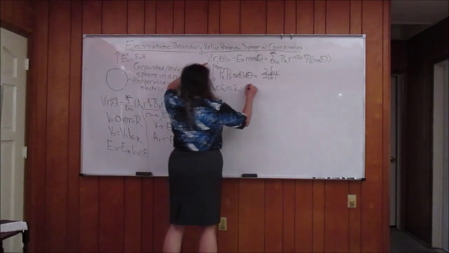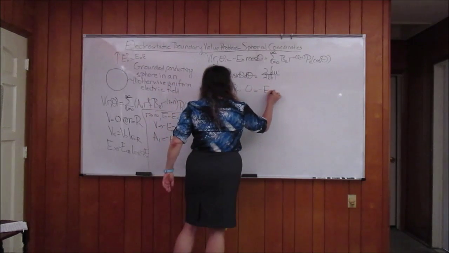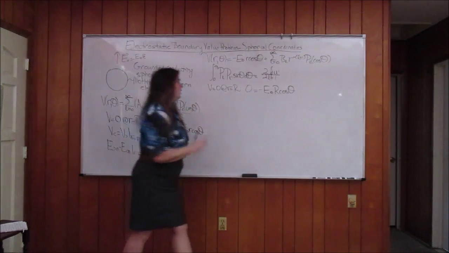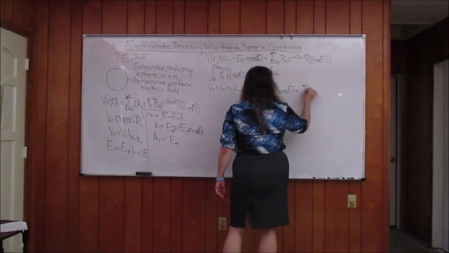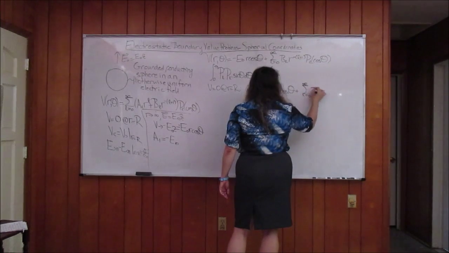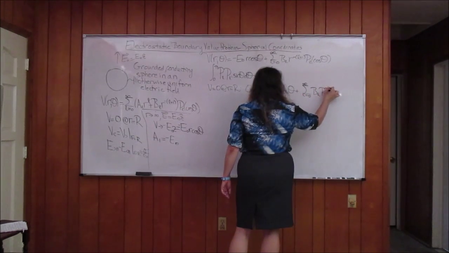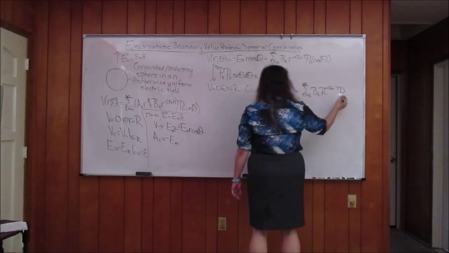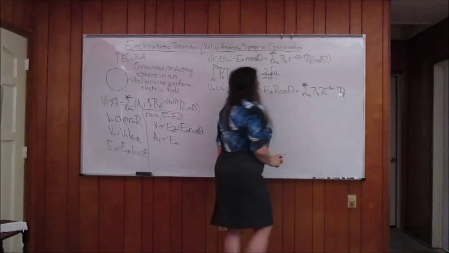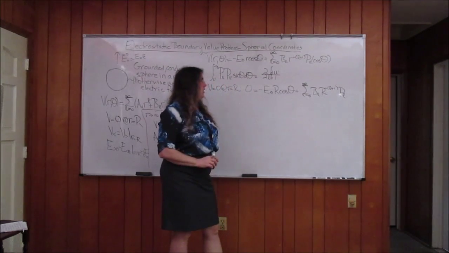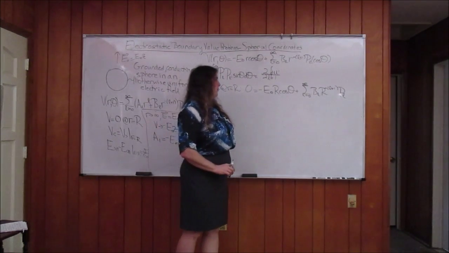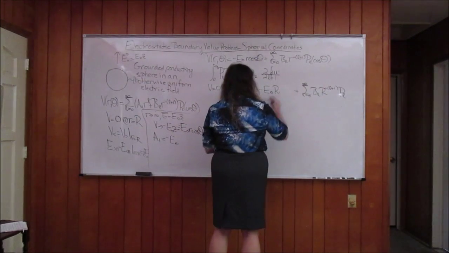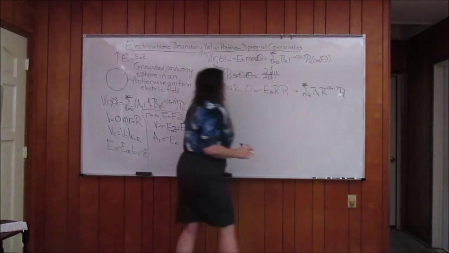We have 0 is equal to minus E naught r cosine theta, radius of the sphere cosine theta, plus the summation L equals 0 to infinity, B sub L, radius of the sphere to the minus L plus 1 power times P sub L. And I'm going to rewrite this as P1 here.